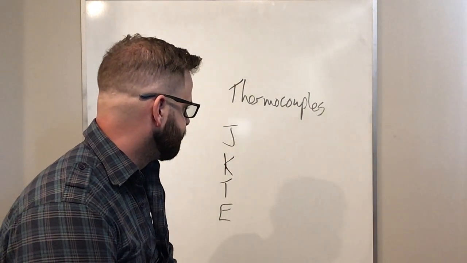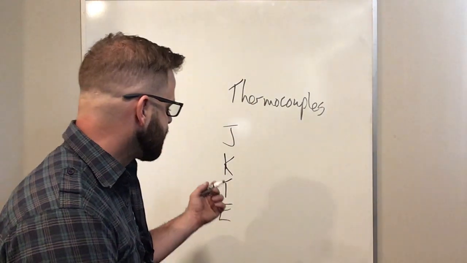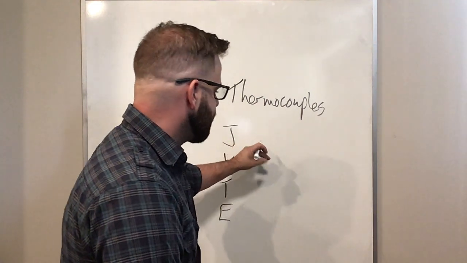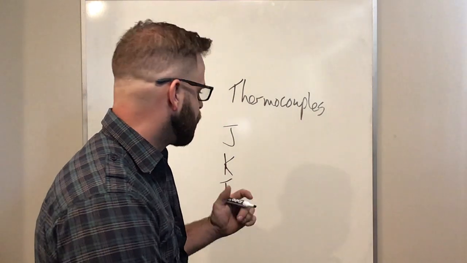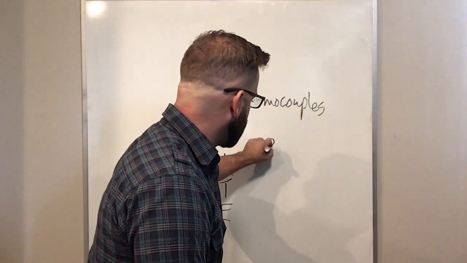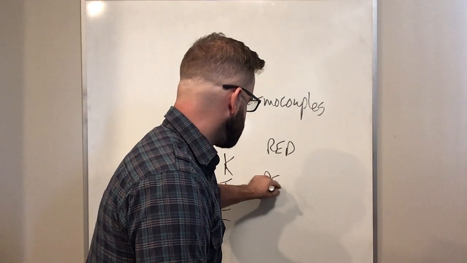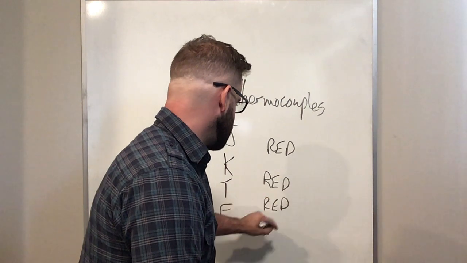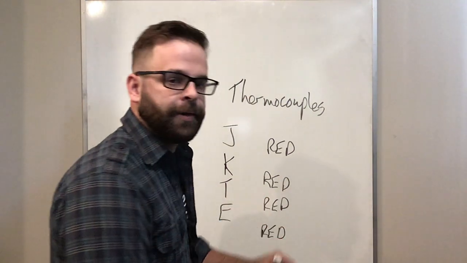And in the video, you will see a little bit where it talks about it. But they always have two different colored wires. In all the cases, one of them is red. So type J, type K, type T, and type E all have a red wire.